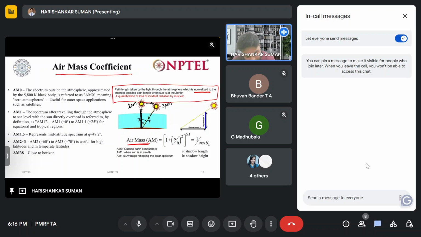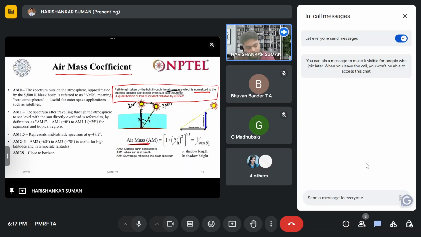So what is this angle known as? Anyone know? We will discuss the angle also.